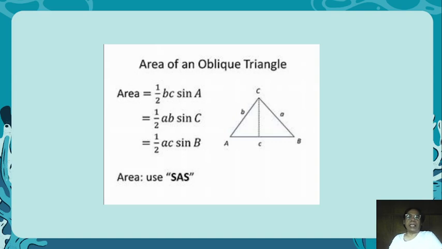This is what we call the area of an oblique triangle, the sine rule. So area is equal to 1/2 bc sine angle A, also equal to 1/2 ab sine angle C, also equal to 1/2 ac sine B. Here we use SAS, side, angle, side.